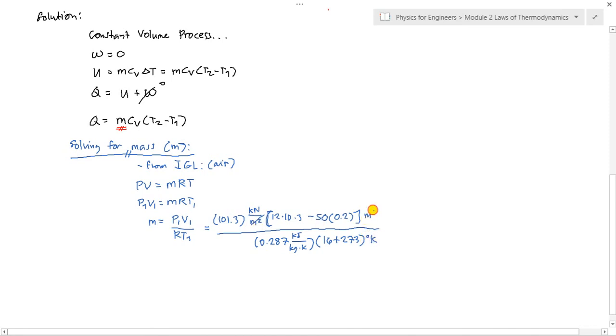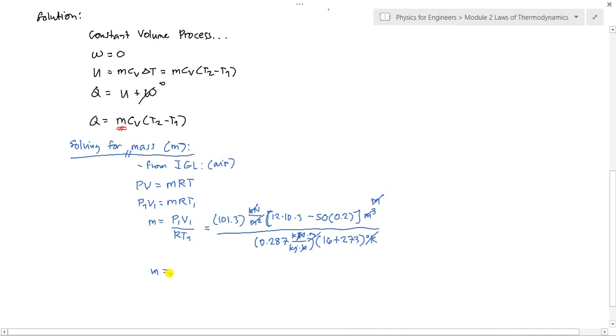So the kilojoules, actually that is kilonewton meter, so kilonewton cancels, meter cancels, and Kelvin cancels. What's left is kilogram. So therefore it is mass.